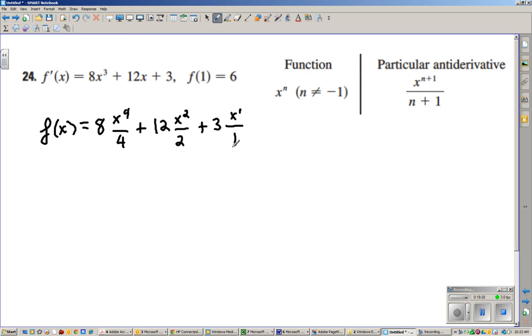I really don't have to write that, but just for completeness' sake. And then I'll put the plus c. Now that's the general antiderivative. I can certainly clean it up a little bit. Isn't it 2x to the fourth plus 6x squared plus 3x plus my c?